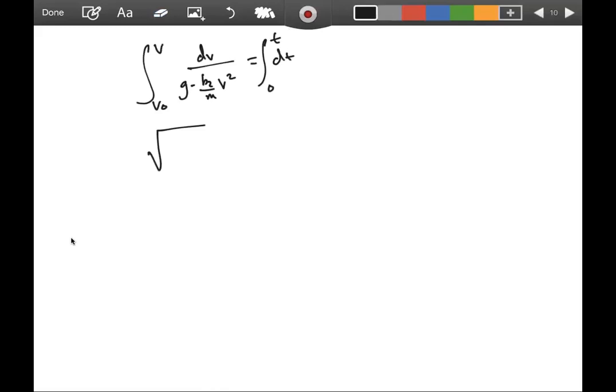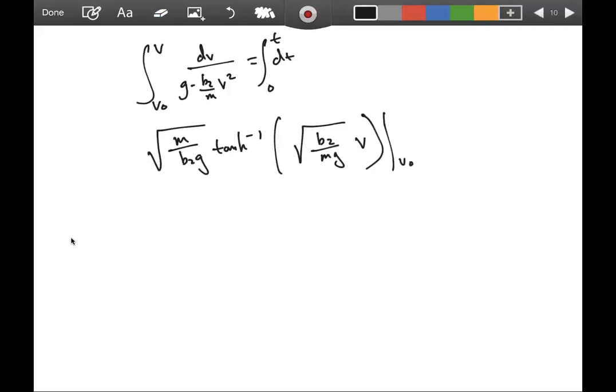So this becomes the square root of m over b2g times the arc hyperbolic tangent of the square root of b2 over mg times v, evaluated from the initial to the final, is then equal to t.